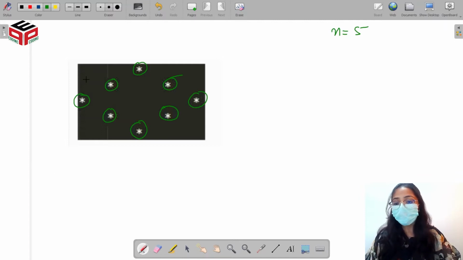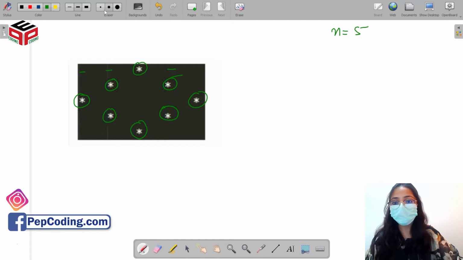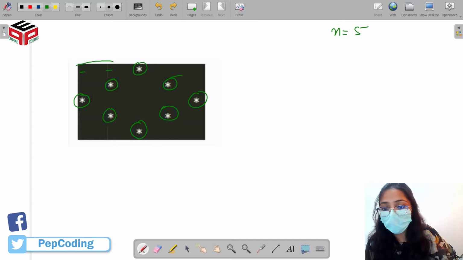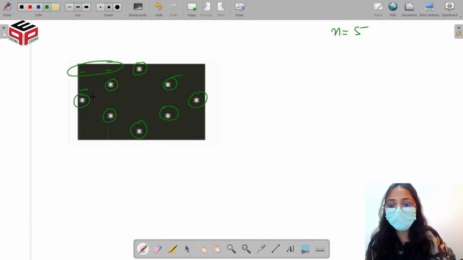Now if you observe the pattern carefully, we have to take care of two things. The first thing is the outer spaces. We have two outer spaces over here, a single outer space over here, and in this row we have no outer spaces, so this becomes 0.